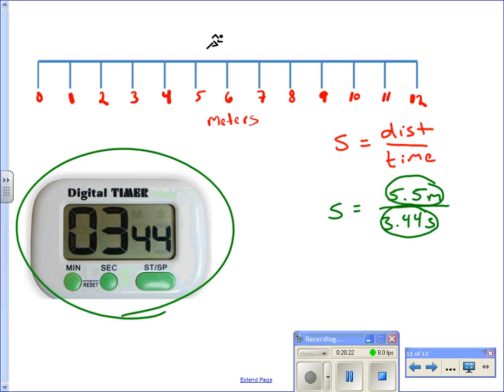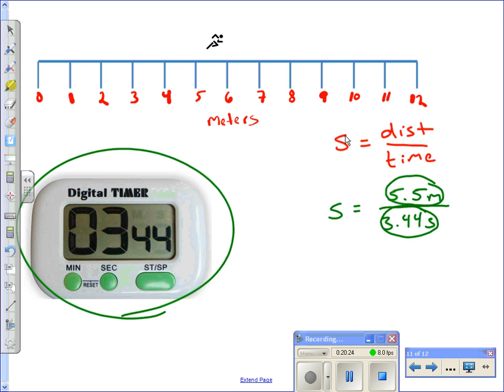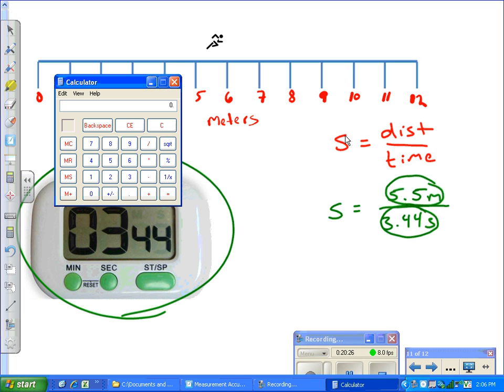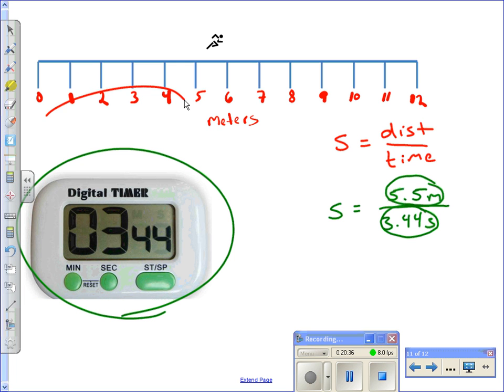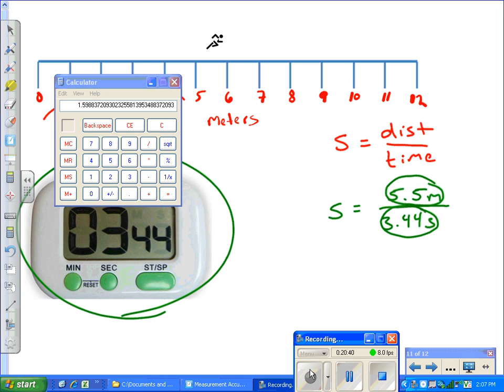Now here's the important part. Watch what happens with our calculator. We put these numbers in: 5.5 divided by 3.44. Holy cow, look at that number. How can we get a number with that many sig figs?